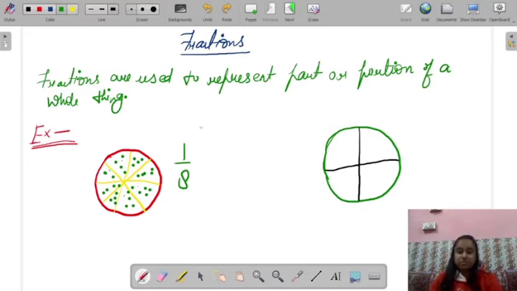Okay, so see, this 1 by 8 is known as a fraction. Here you can see this middle line. This middle line is known as the fraction line.